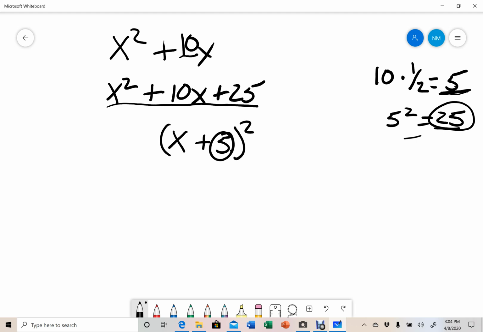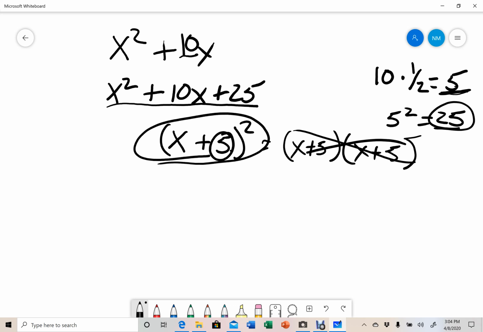So keep that in mind. And then you're squaring this whole thing. So I can check this by taking x plus 5 times x plus 5 to make sure that it equals this. But my answer is going to be this, and then also the number that I'm squaring, which is this or this, depending on how I put it in here. But your answer needs to include 2 parts, the completion of the square and the factoring, okay? So keep that in mind.